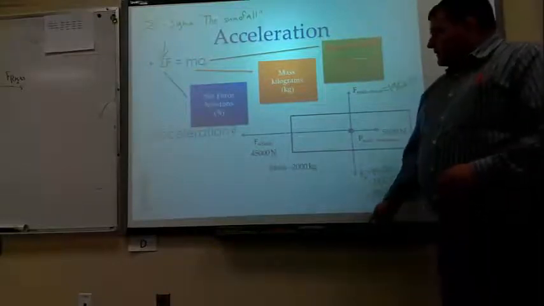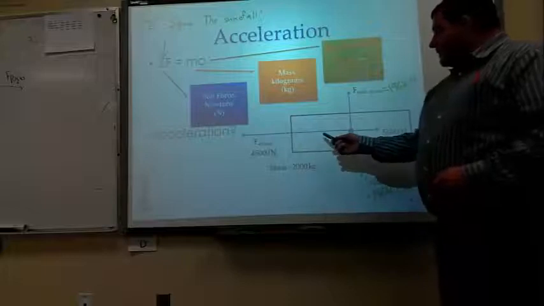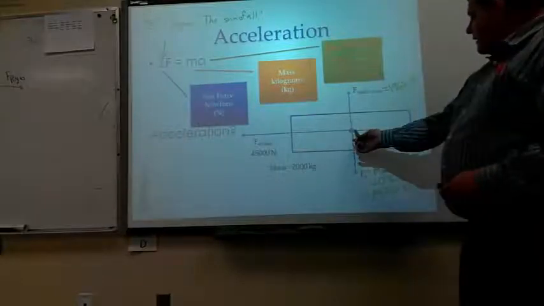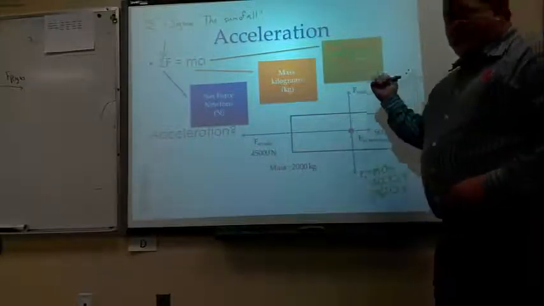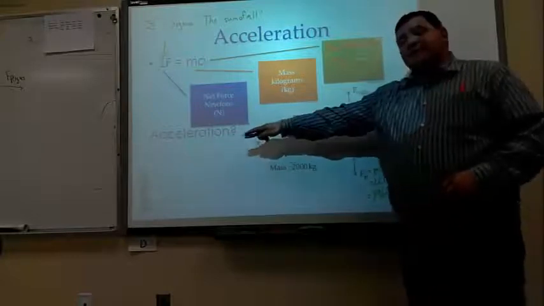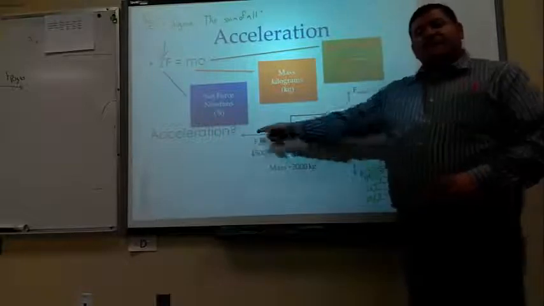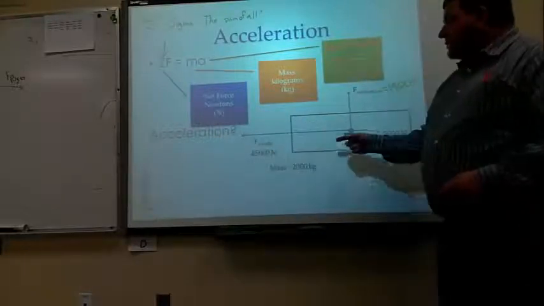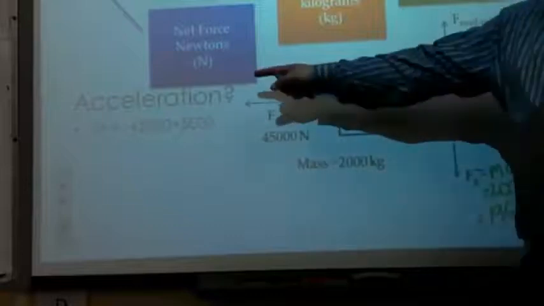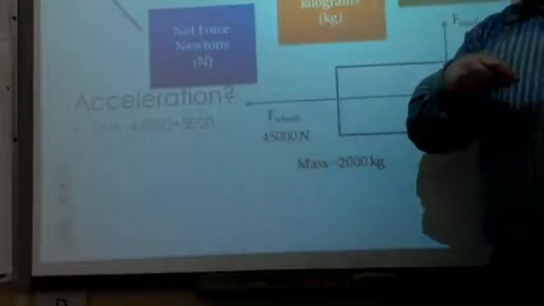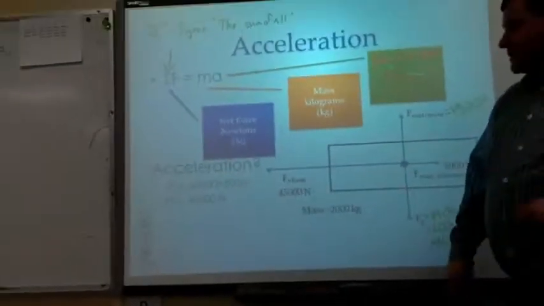Let's figure out this acceleration. First of all, my net force. I've got 5,000 to the right. I've got 45,000 to the left. I'm going to call the right a positive force, the left a negative force, and add those forces together. This gives me a net force of negative 45,000 plus 5,000, net force of negative 40,000 newtons.